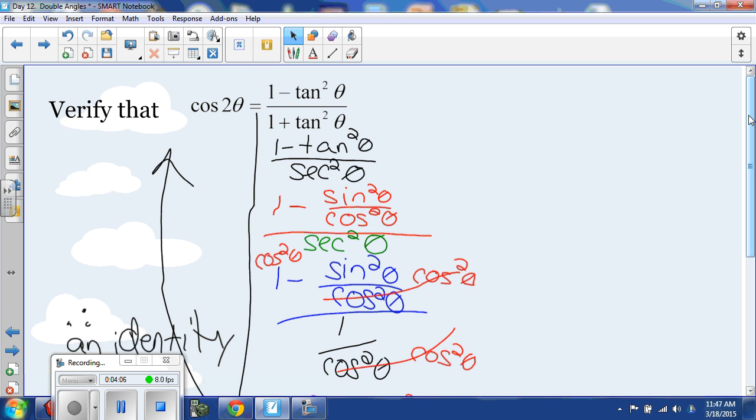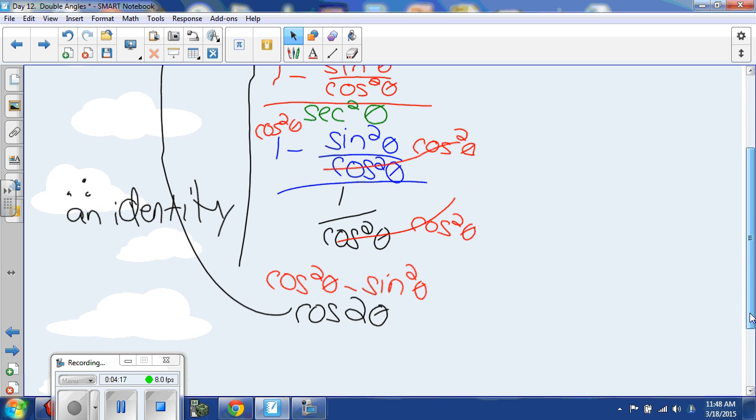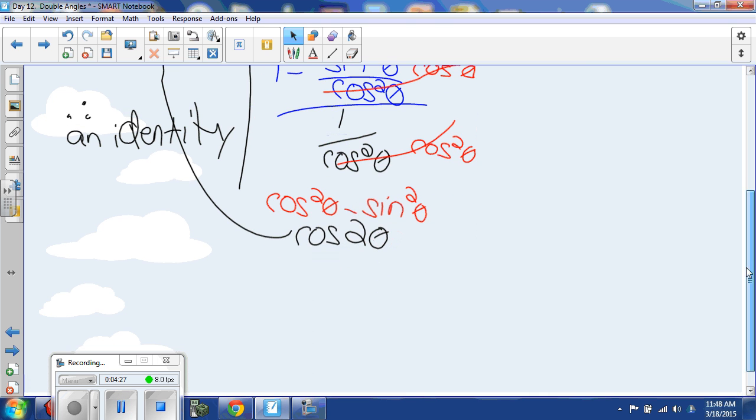Then Ian said, hey, let's take our secant squared theta, write it as 1 over cosine squared theta, so that we can multiply everything by our LCD, and we get cosine squared theta minus sine squared theta. We went to our formula sheet. That's one of the 3 cosine of the double angles, and that's what we had to prove. That was awesome. Ian, that was great. I think I was going to take this way farther doing it my way. Yep. Nice job.